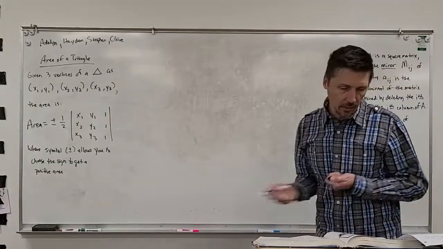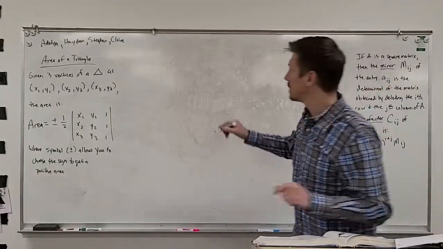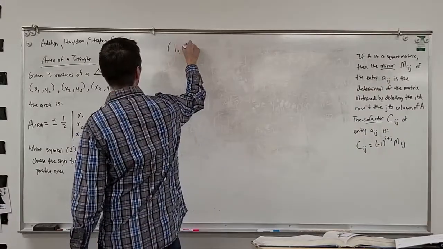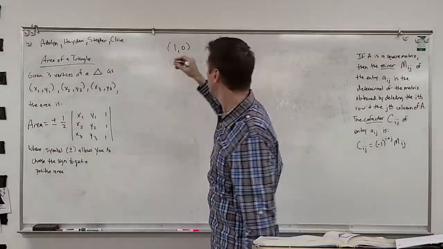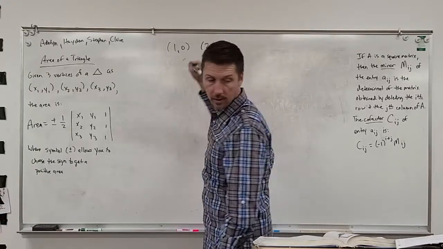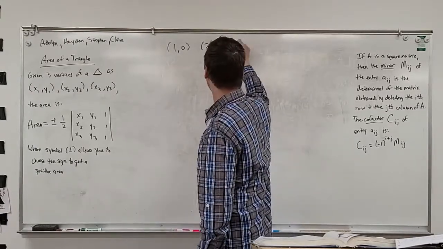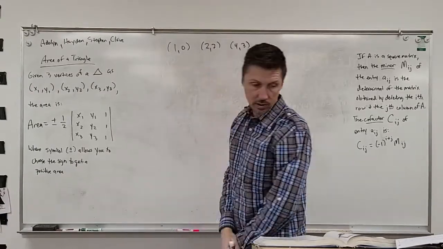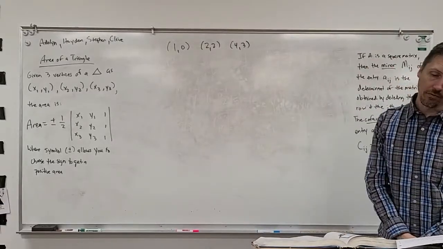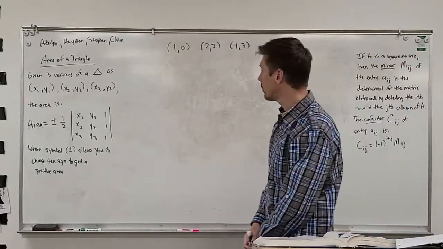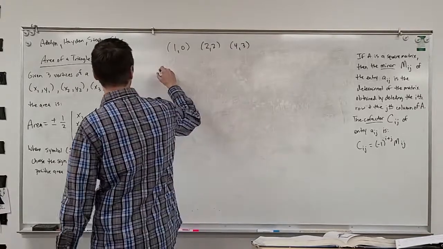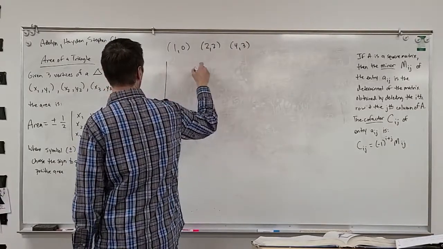So they have an example in the book where they give us these points, 1, 0, and 2, 2, and then 4, 3. So these are just the vertices on our coordinate plane that form a triangle. And so what we're going to do is construct a matrix based on these points.